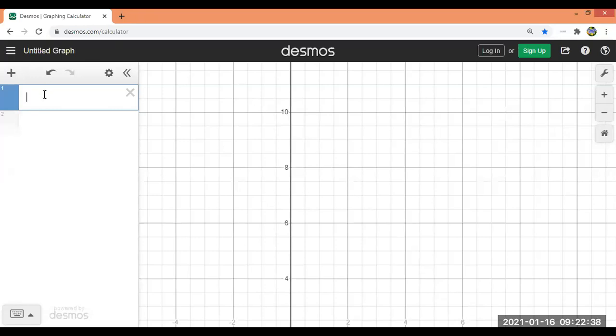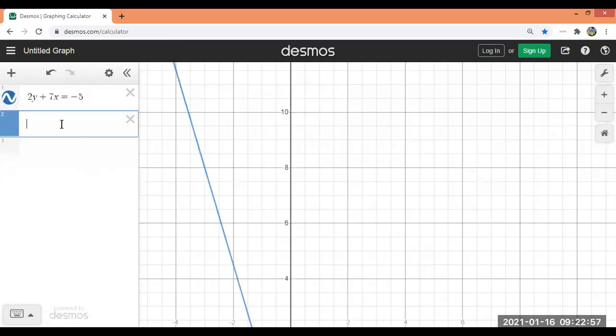So if I enter the equation that we have solved just now, 2y plus 7x equals minus 5. This is the first equation. And the second one is 5y minus 7x equals 12.